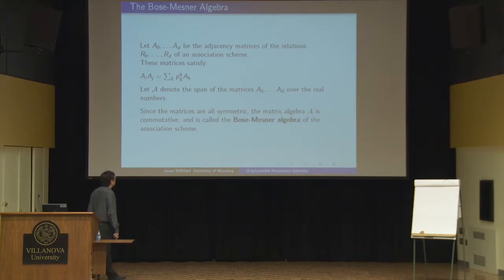So we can do this, take the span of these matrices and get a matrix algebra. You often do this over complex numbers, but I'll only need real, because again, everything's symmetric and diagonalizable over the real numbers. So we're going to call the algebra generated by these AIs the Bose-Mesner algebra of the association scheme.